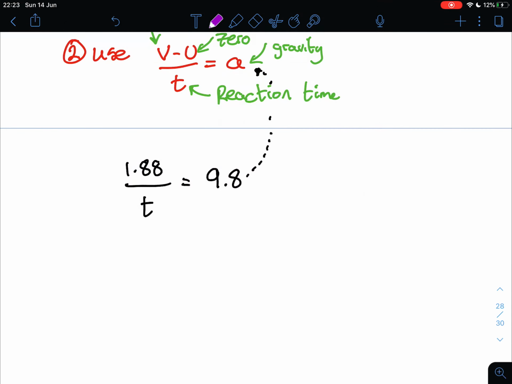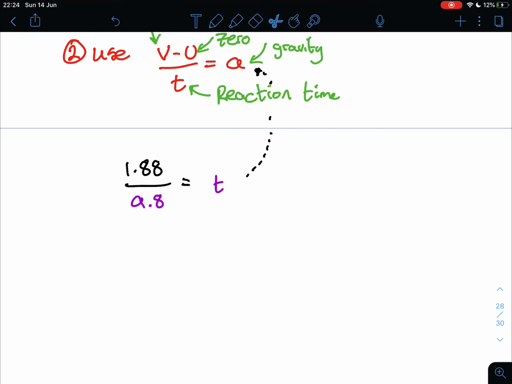We would multiply both sides by t. T over t cancels out, so it gives me 1.88 is equal to 9.8 times t. Then I would divide both sides by 9.8 and those cancel out, so that is our equation that we're going to use there.